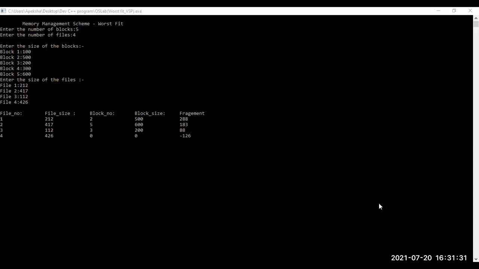The very first block is the fifth block, here 112. The very first block is the memory left here, which is block 3.